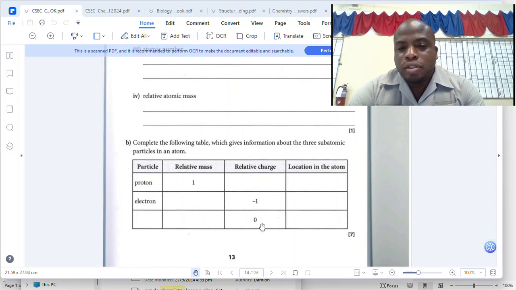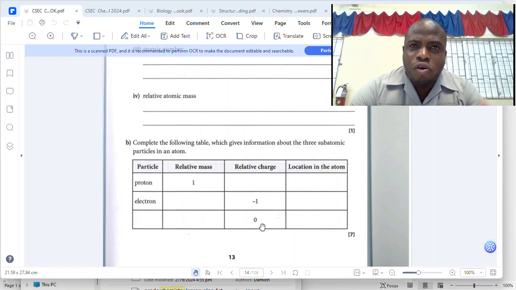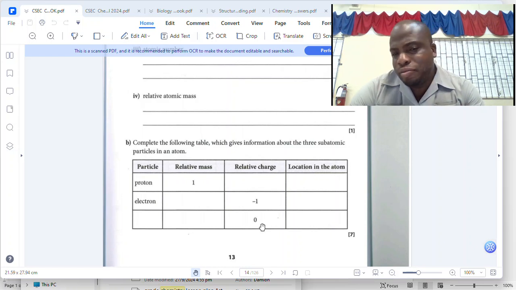The neutron. We said the neutron is located also in the nucleus. And what you can notice based on this, if you look back at magnesium, the mass number for magnesium is 24. The atomic number is 12. Now each of these is adding to the mass.